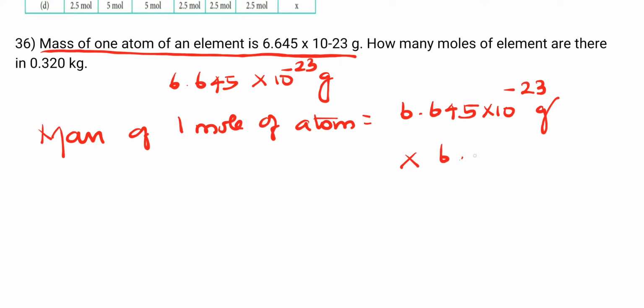What is the Avogadro number? 6.023 into 10 to the power of 23. The 10 to the power of 23 and 10 to the power of minus 23 will cancel, okay? Then we multiply 6.645 and 6.023, and you get the answer, that is 40 grams. What is that value? 40 gram.